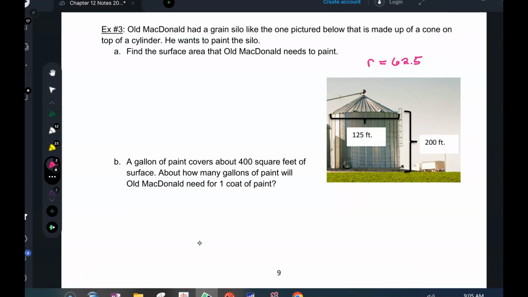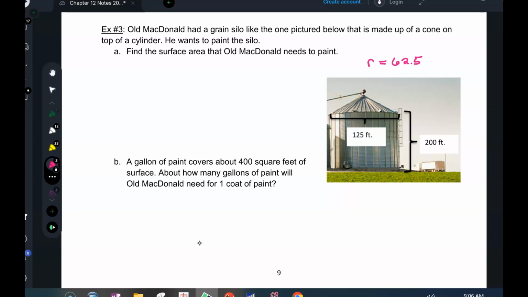Wait, this is a cone on top of a cylinder. Okay. So for a cylinder, do you remember what the formula was? 2 pi r squared plus 2 pi r h.